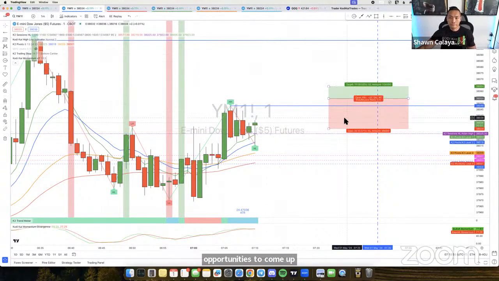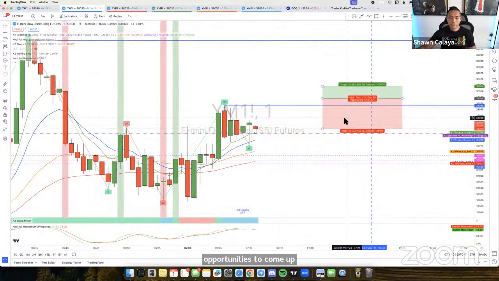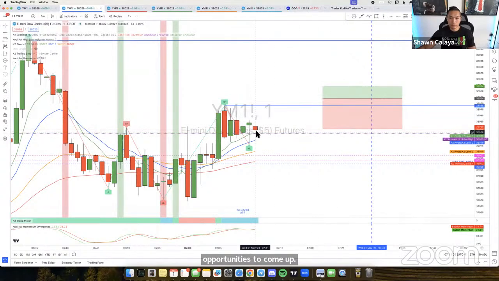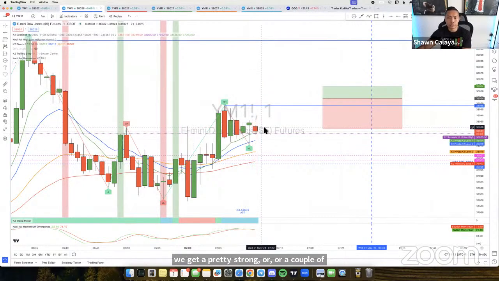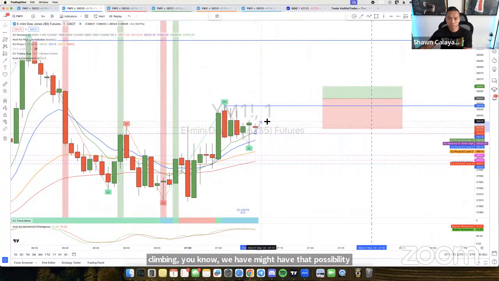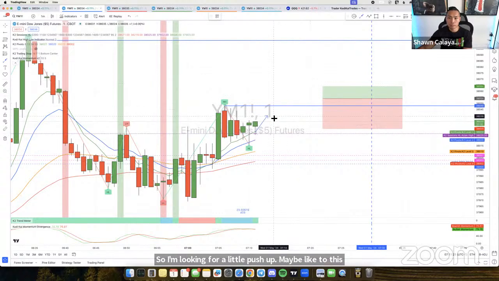All right, so if we get a, well, we're probably not gonna do it here. If we get a pretty strong green candle here, or a couple strong green candles, we might get that divergence. We're not getting it here yet, but if this keeps climbing, we might have that possibility. So I'm looking for a little push up, maybe to this midway area, and then the next candle push up higher past the high-low scalp right there.